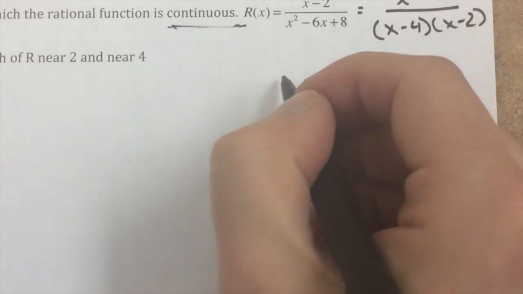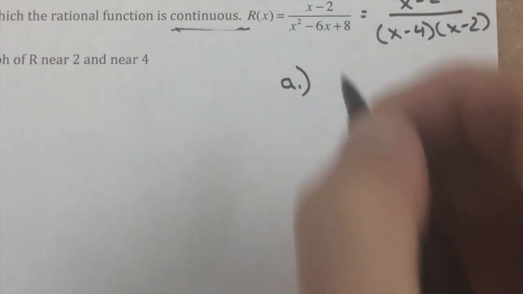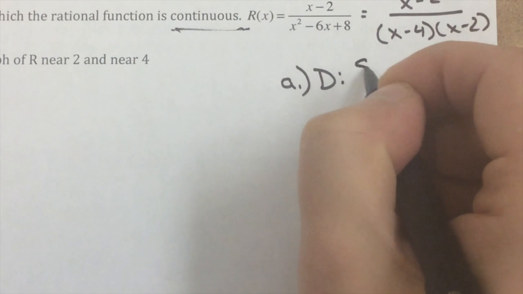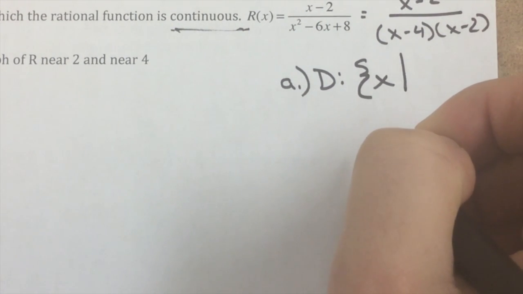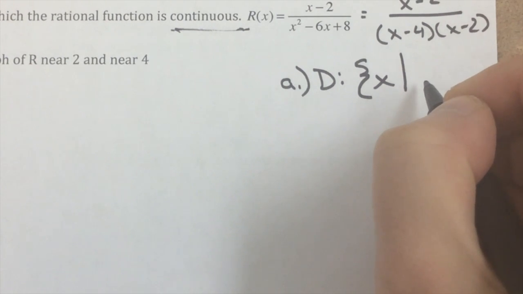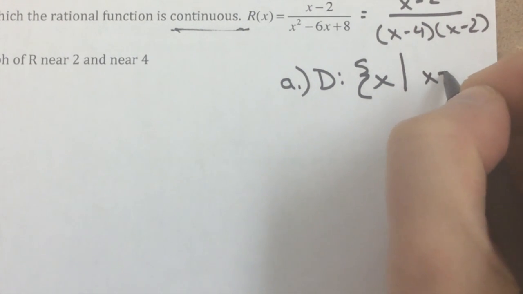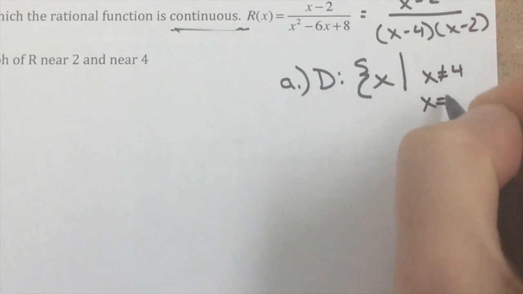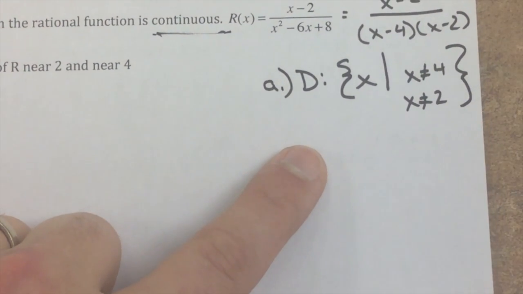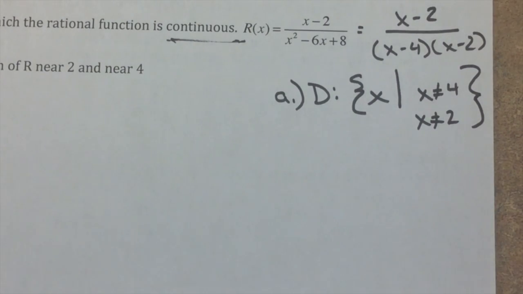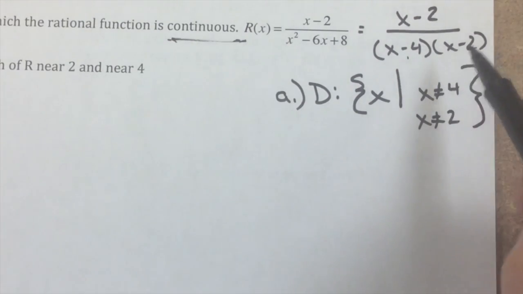So for part A, my domain is all numbers x such that x is not equal to 4 and x is not equal to 2. That's how we write this domain using set notation, which we have been doing for a little while, so I think we are more comfortable seeing this. What this also means is that the numbers not in the domain are 4 and 2.